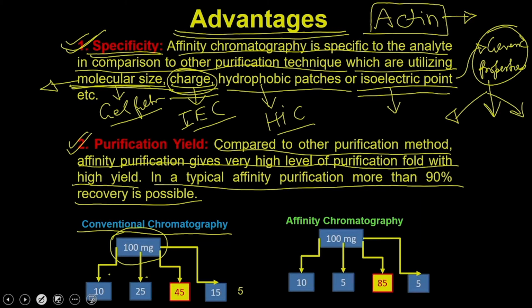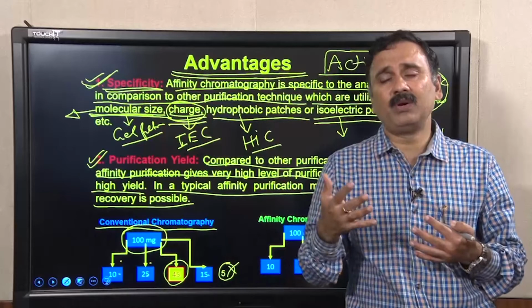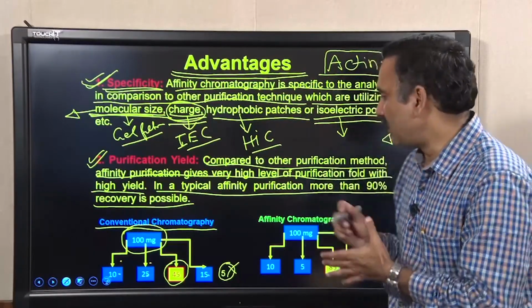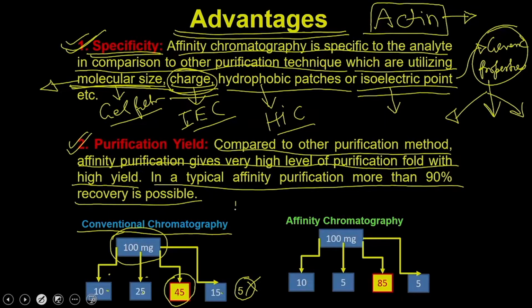Suppose you have 10 mg, 25 mg, 45 mg and 15 mg of protein. If you add all these, you will see there is a loss of 5 mg that is not accounted for. And suppose the 45 mg fraction is your purified fraction, where your desired protein is present in a single band and is 100% pure. Then the purification yield in this case is 45 divided by 100, which is only 45% or 0.45.